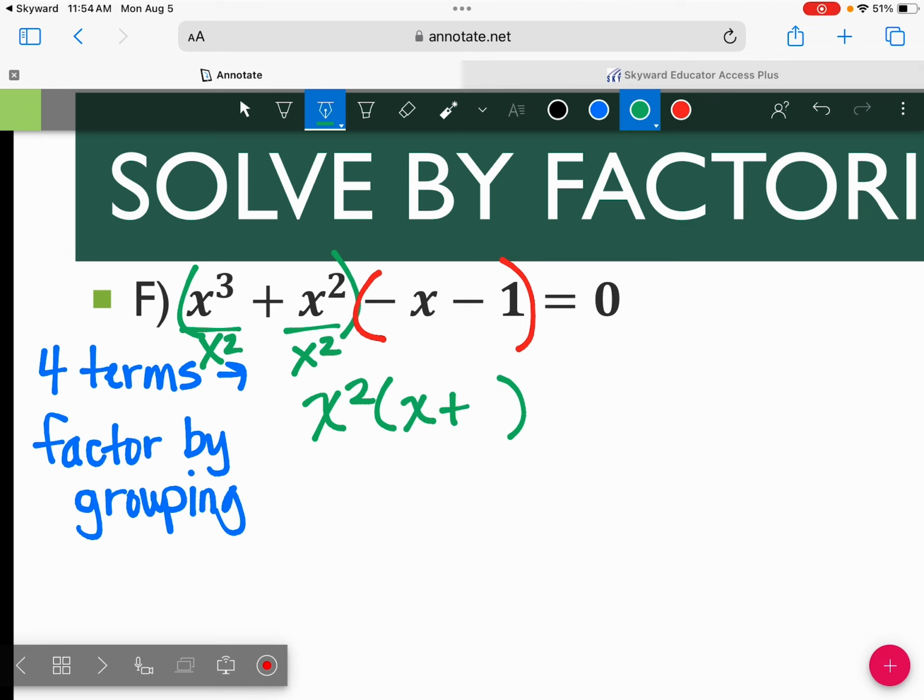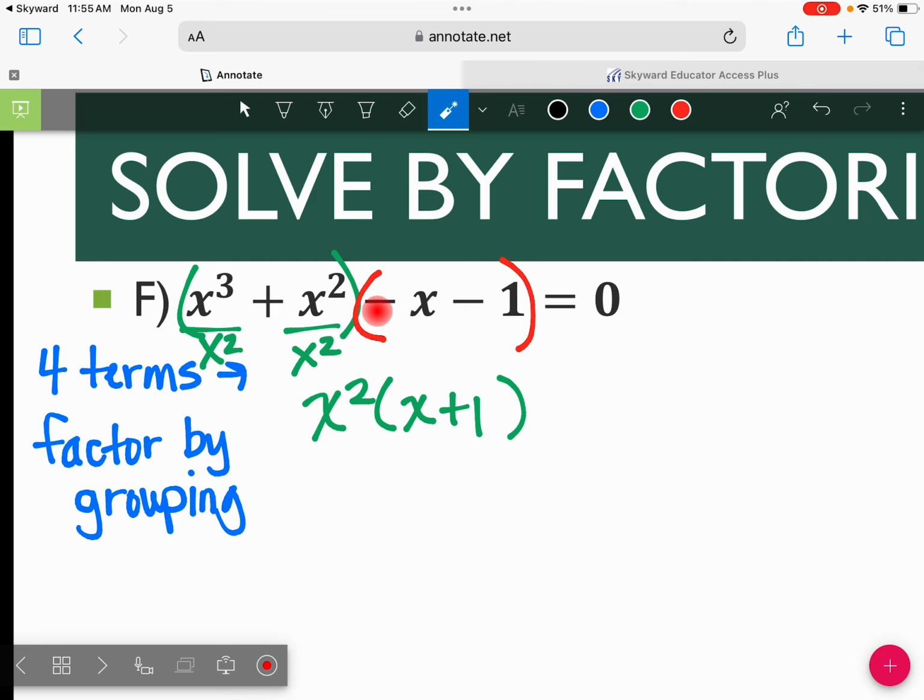Who agrees with Marcus that it's x plus 1? Okay, so we have x cubed divided by x squared, that's x, and then anything divided by itself is 1. So 5 divided by 5 is 1, x divided by x is 1, x squared divided by x squared is 1.